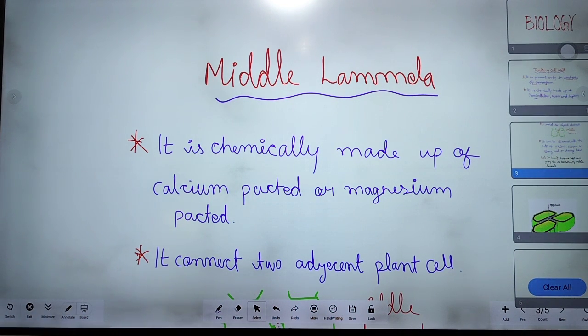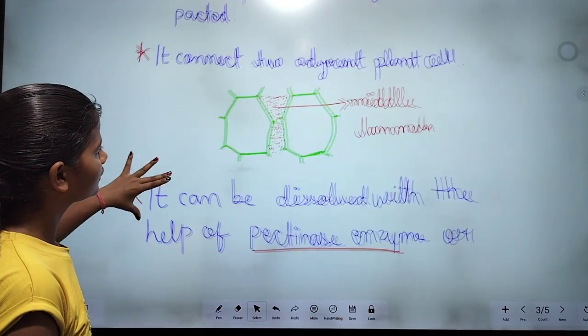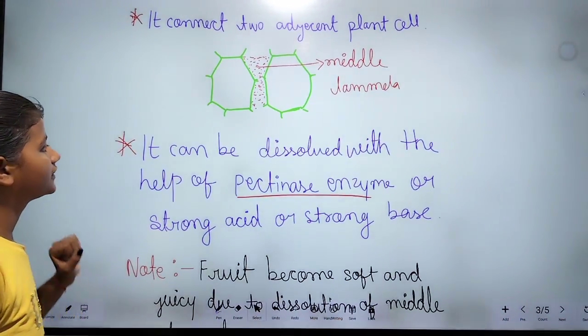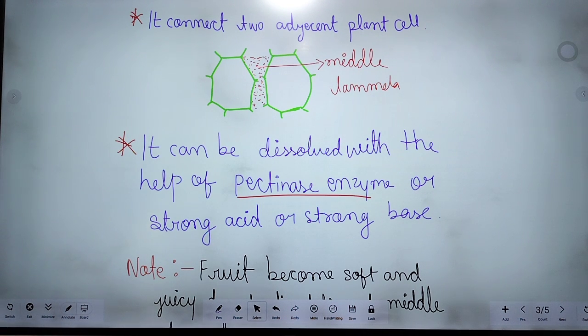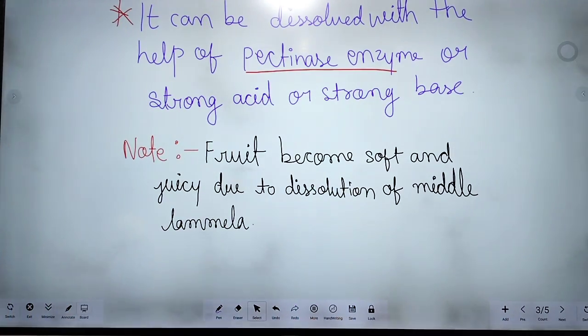After that we discussed the middle lamella, that it is chemically made up of calcium pectate or magnesium pectate and helps to connect two adjacent plant cells. It can be dissolved with the help of pectinase enzyme, strong acid or strong base. And the fruit becomes juicy and soft only due to dissolution of middle lamella.